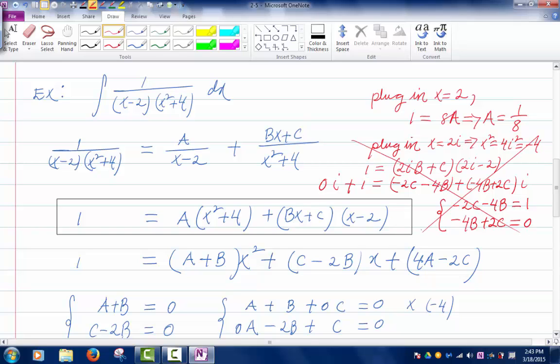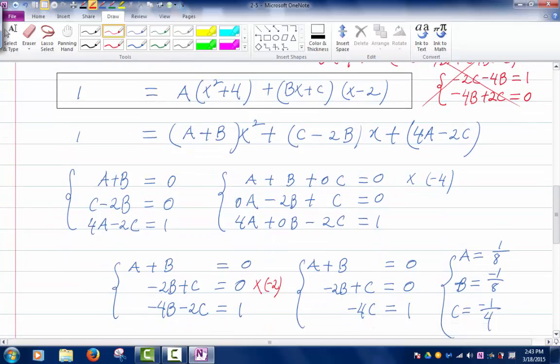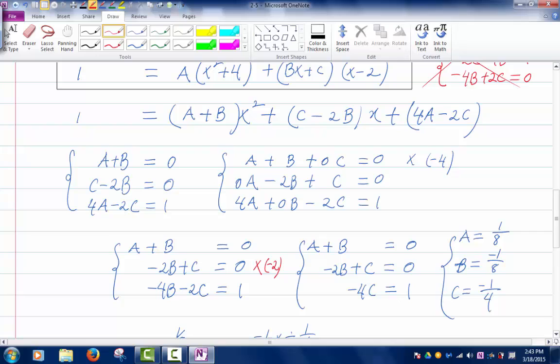I suggest you find a right away by plugging in 2, and then you set up this system here. You know a, you can find b. If you know b, you can find c, and then you're done, right? You don't have to go through any of the work that I did. Am I making sense?